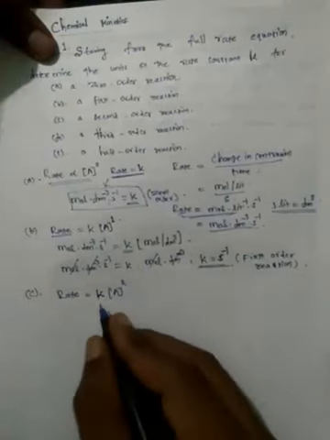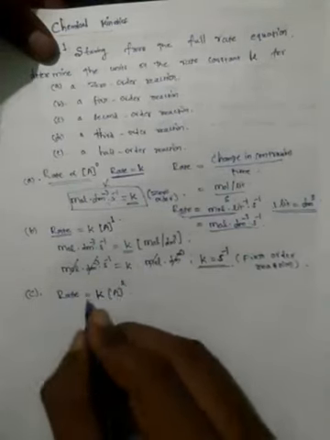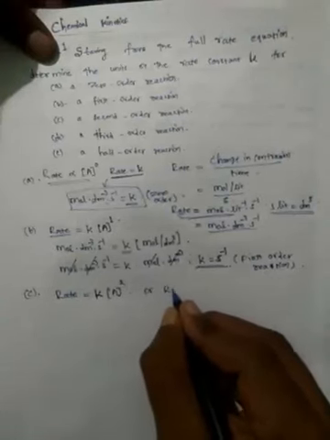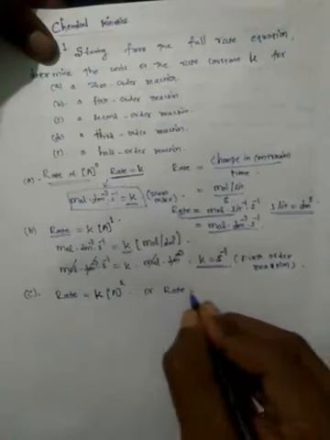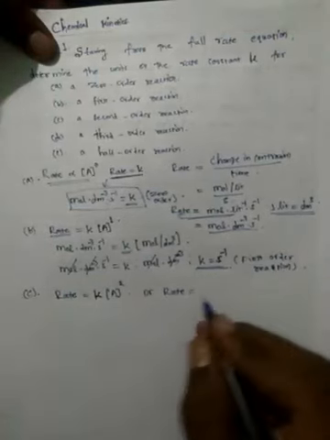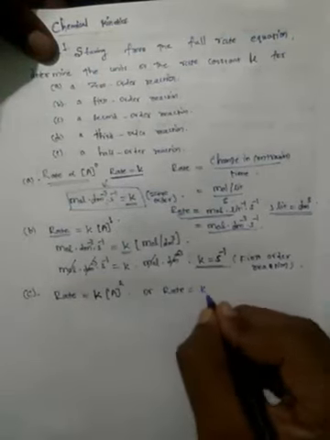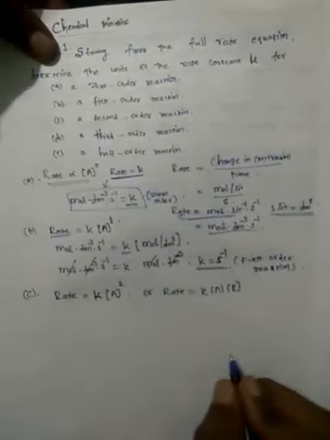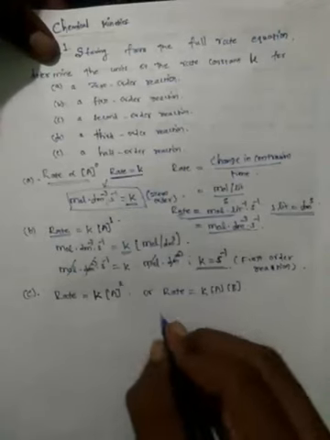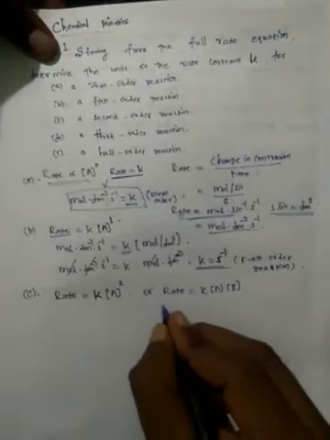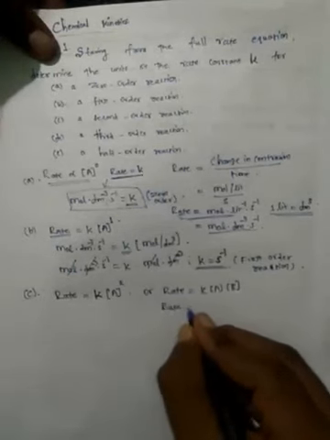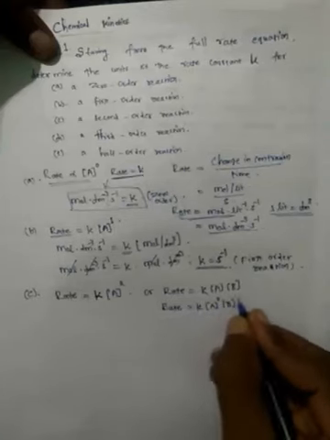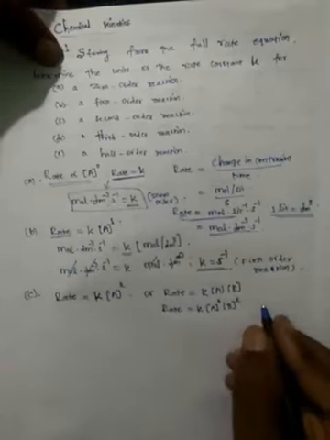The rate equation may be of this kind, or of this kind, or of this kind when two reacting molecules are involved, or even the rate can be of this kind, A power 1 and B power 1, or A power 0 and B power 2, whatever it may be.